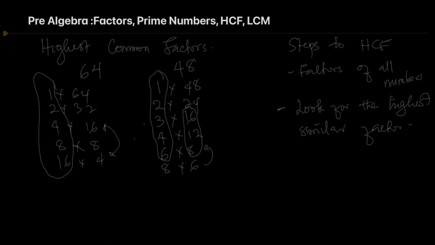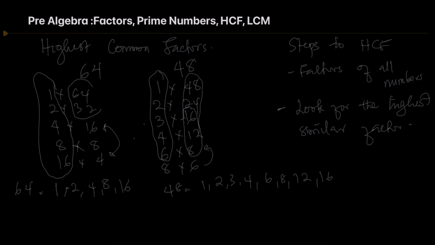And then for 64, you could easily see that the factors are 1, 2, 4, 8, and 16, and also 32 and 64.